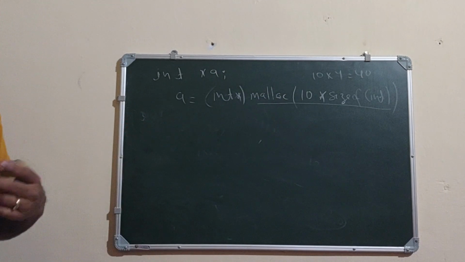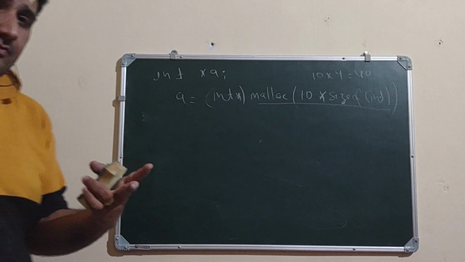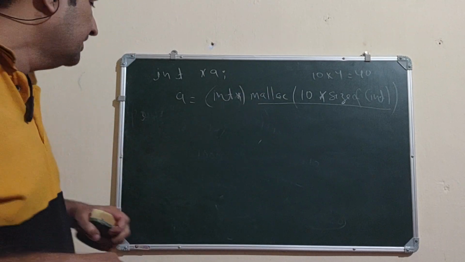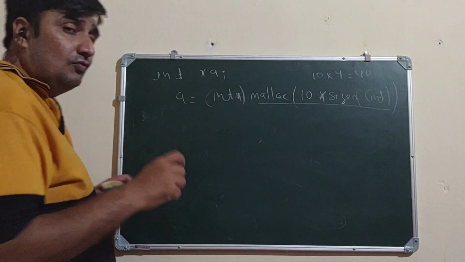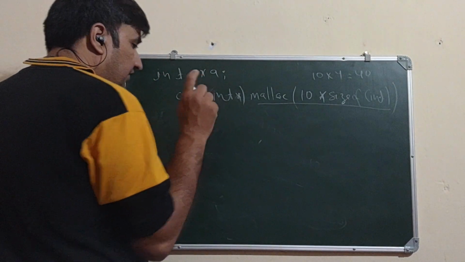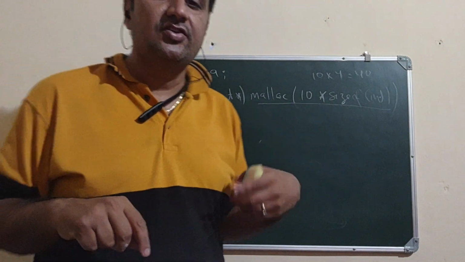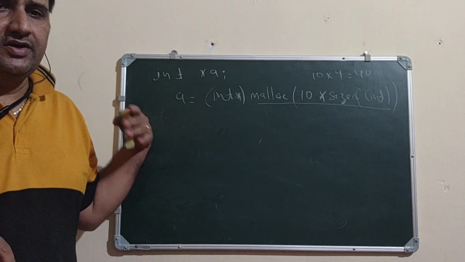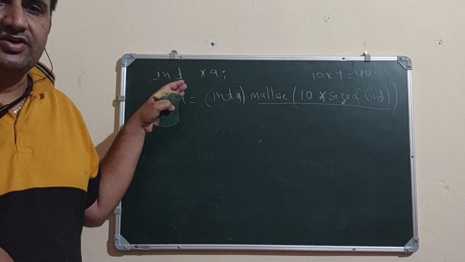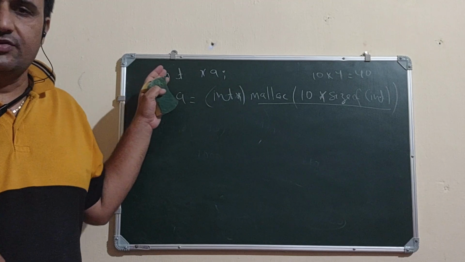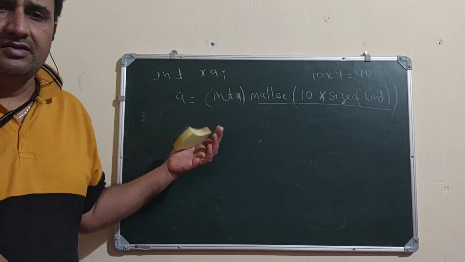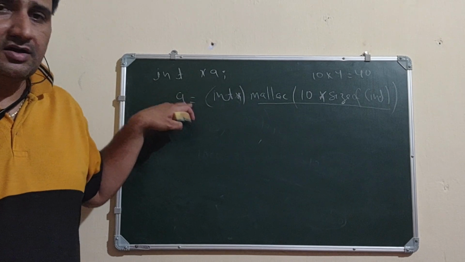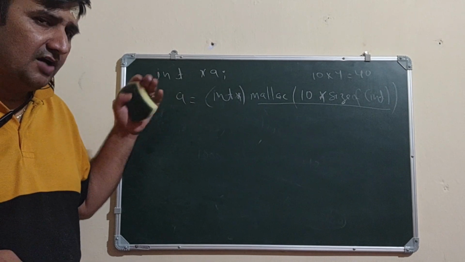Now how to create a 2D array? A 1D array is easy like this. How to create a 2D array? In that particular case, first of all we need to understand what is a 2D array. When we are creating a static 2D array, meaning a simple 2D array with constants, it will work directly. It has a different mechanism. But when we are creating a 2D array using the pointer, how will it be done?